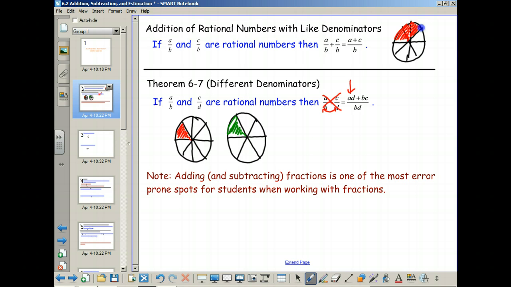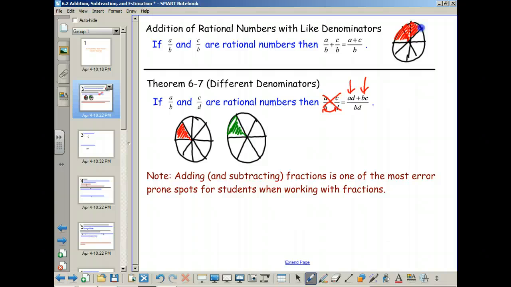And I can multiply these 2 together and get BC. Again, that's not the only way to do it. It probably isn't the way to learn, but it is one of the ways that's able to be taught. So you multiply the denominators together, that's your denominator. And you multiply the 2 crosses together to get the 2 pieces of the numerator.